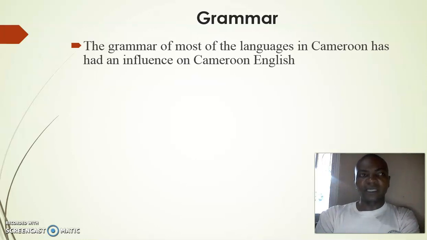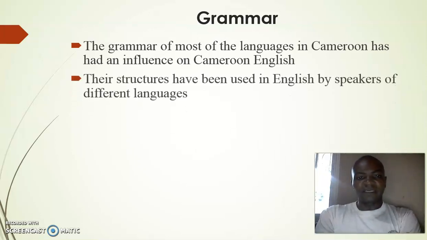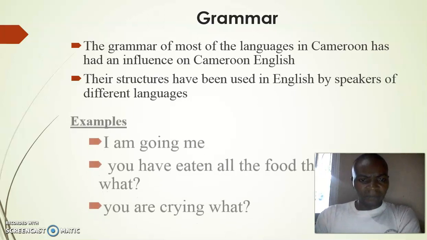It is always considered that they speak that way because they have been speaking Pidgin English. But we usually neglect the influence of the structure of our local languages on the English that we speak.